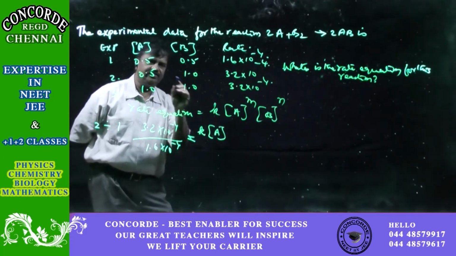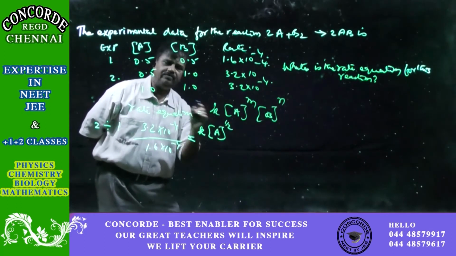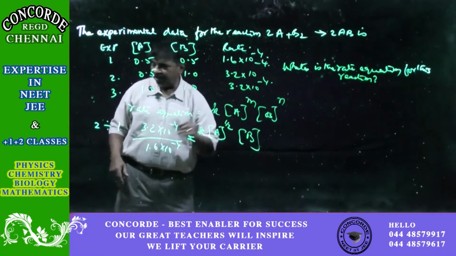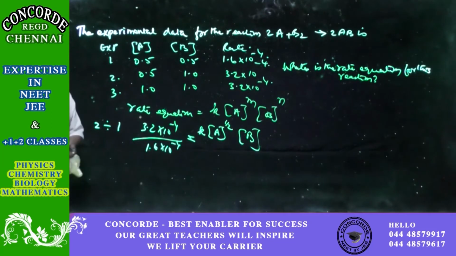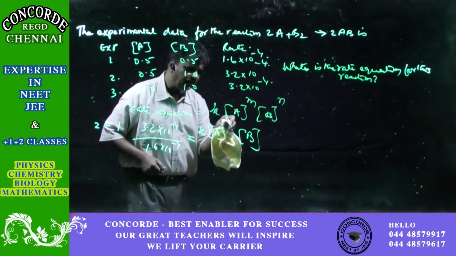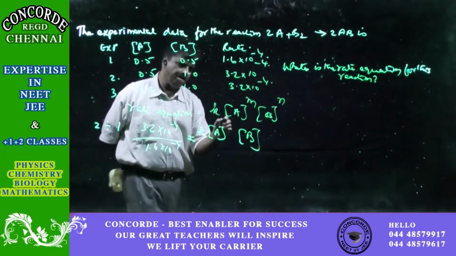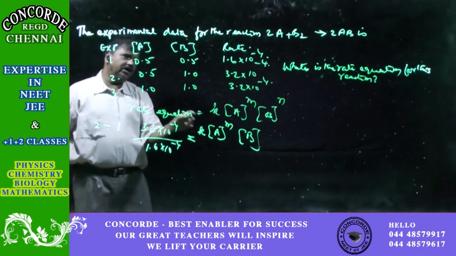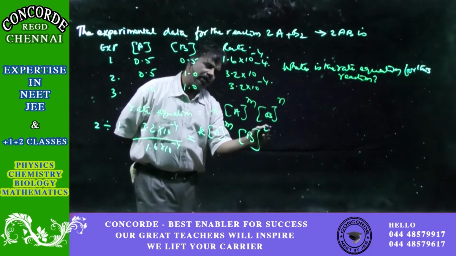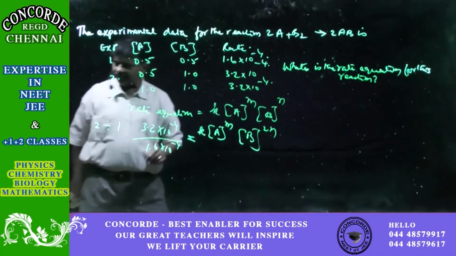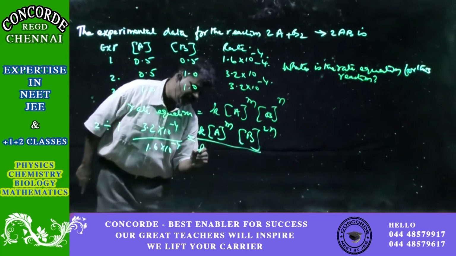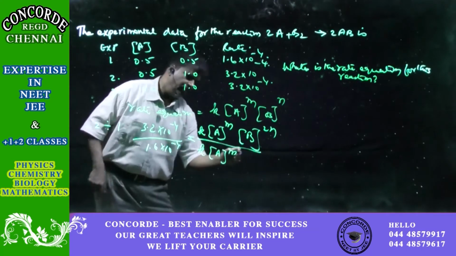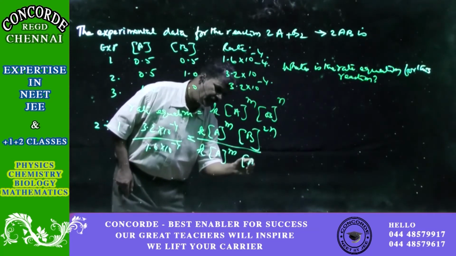So this is the second equation: A to the power m, because both are the same, and B to the power 2n, isn't it? This is double the concentration of this. So divided by k into A power m, the initial one, and B power n.